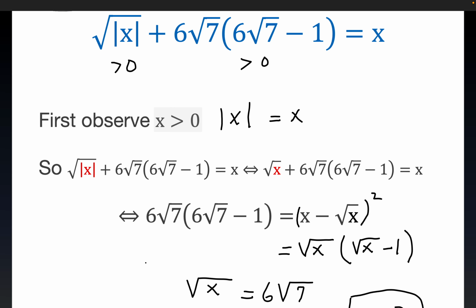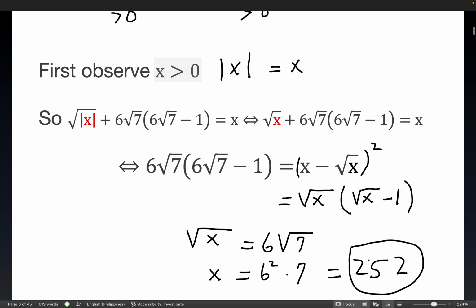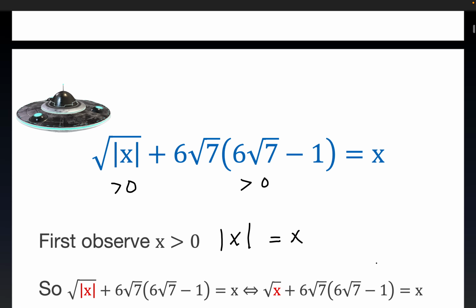And that would be okay, but it's totally superfluous and unnecessary, okay? So again, the solution to this problem, and the only solution to the problem, is 252. x equals 252.